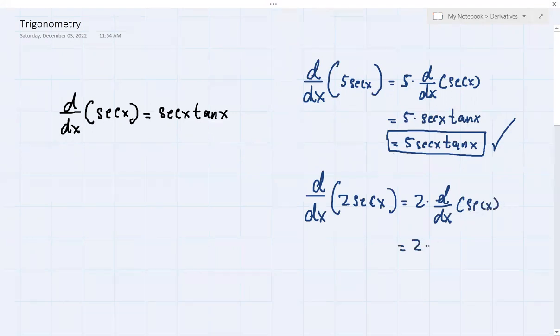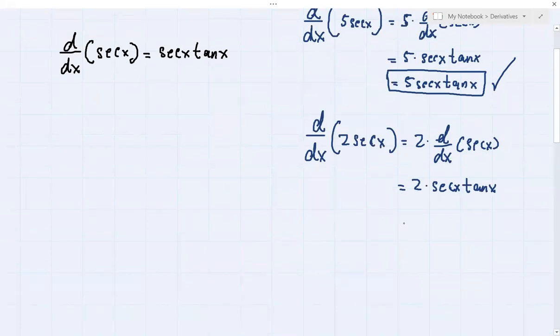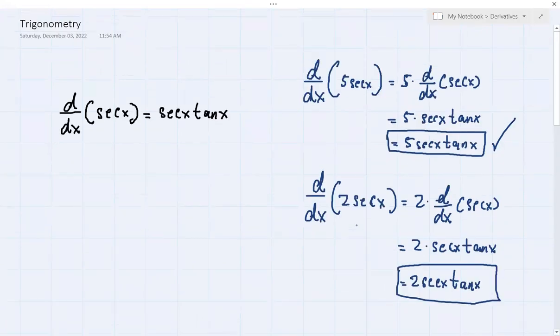So, we have 2 times the secant x times the tangent x. So, yun na yung magiging sagot. 2 times secant x times tangent x. O, diba? See? It's easy. Now, let's go to the last trigonometric function.